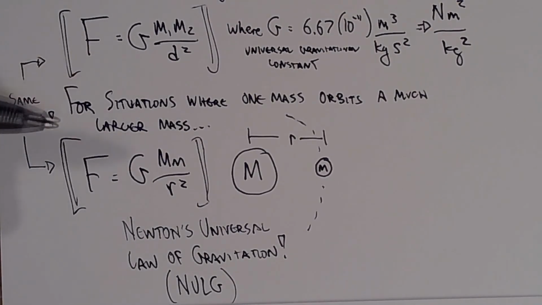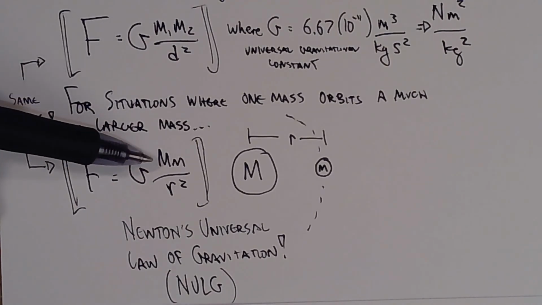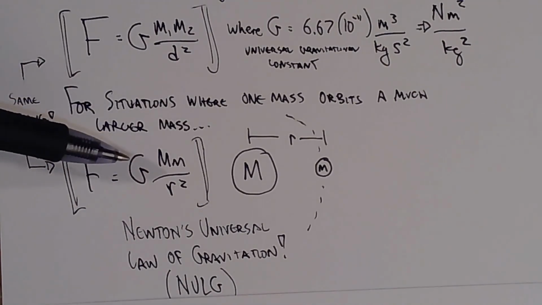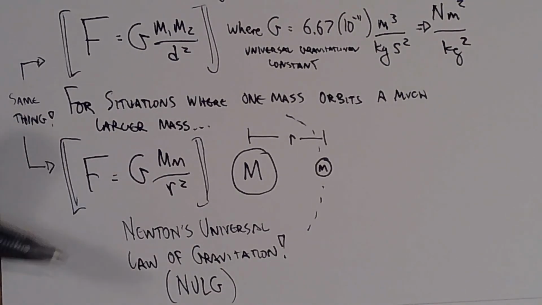So this equation is pretty important, and we will use it in a couple different ways because it is the origin of a lot of the other equations that we're going to be using throughout the rest of the unit, dealing with planets and satellites and things orbiting.